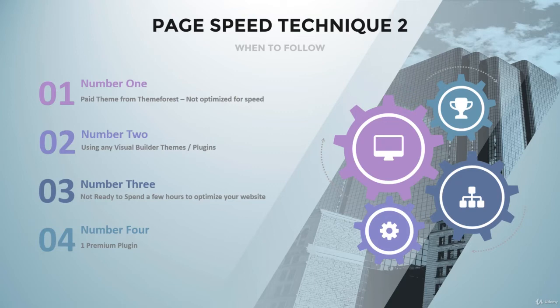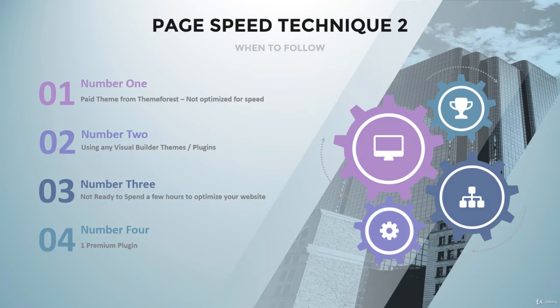So the logic here is, if a user or student prefers a premium theme, then he or she doesn't mind opting for a premium plugin to optimize the theme, isn't it?